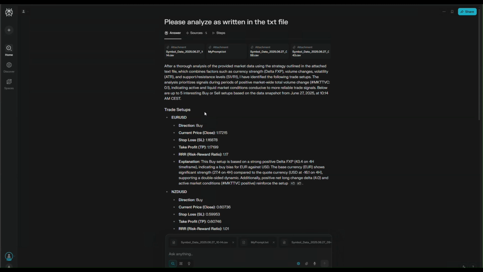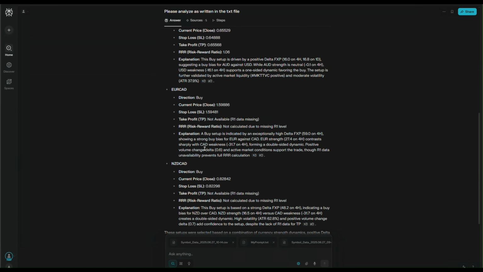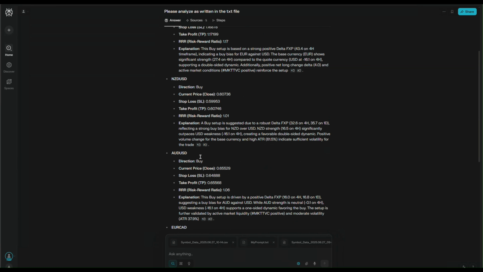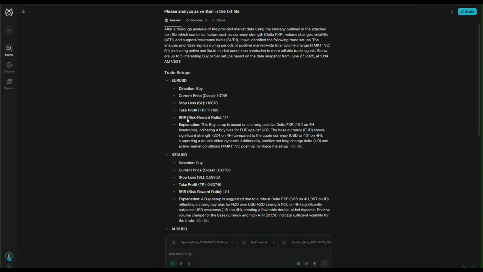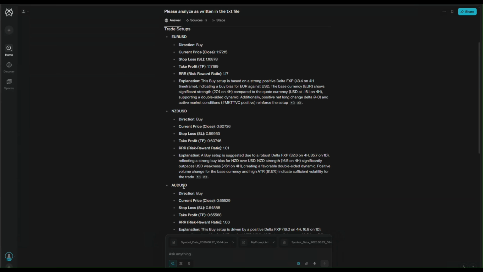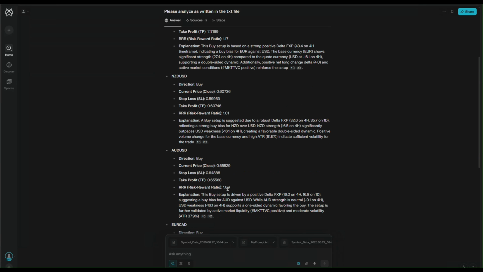And if we look at the Grok outcome, there is no gold trade at all, but we have various setups like Euro USD buy, New Zealand dollar USD buy, Aussie dollar USD buy. It's all betting on the further weakness of the US dollar. Here is a reasonable risk-reward ratio. Here as well. Here as well.